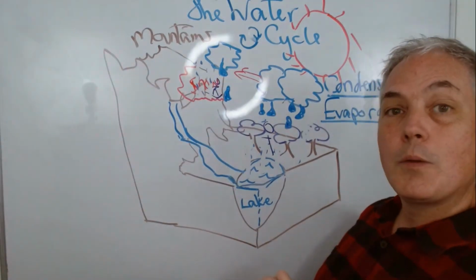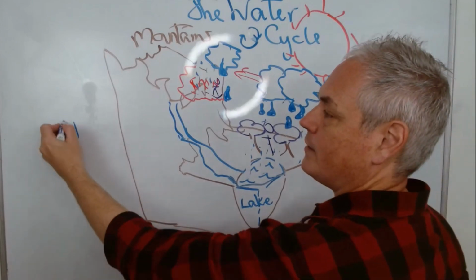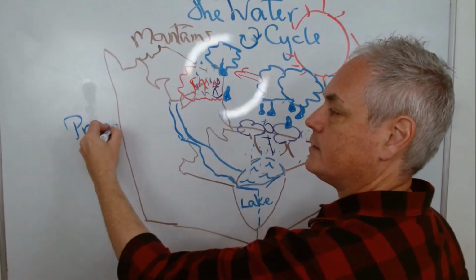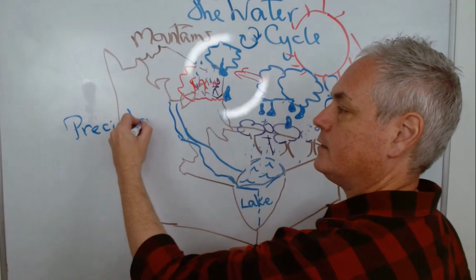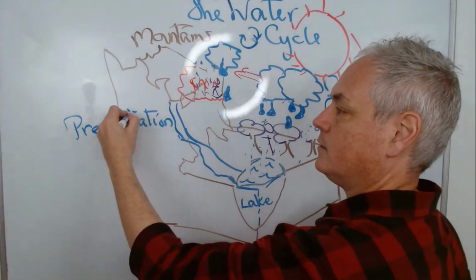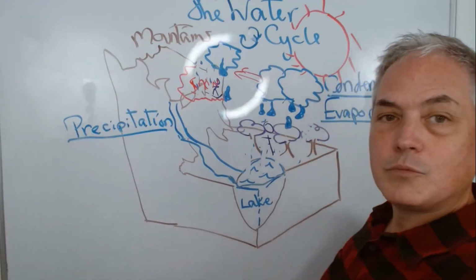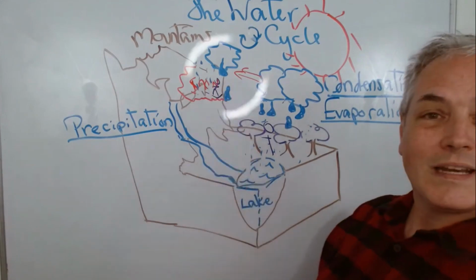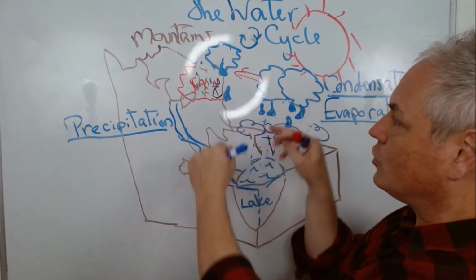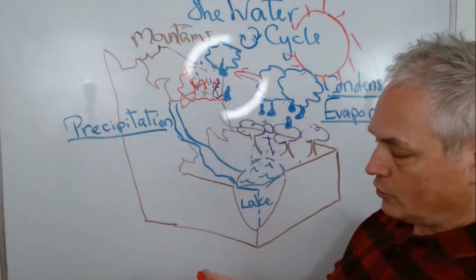This is what we call precipitation. So we have precipitation like this. So when it's in the water state, it will come down and go back to the ground.